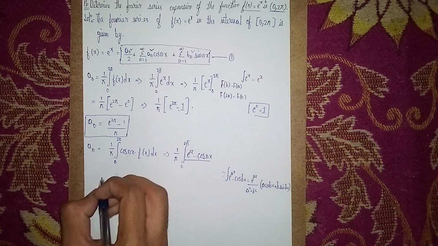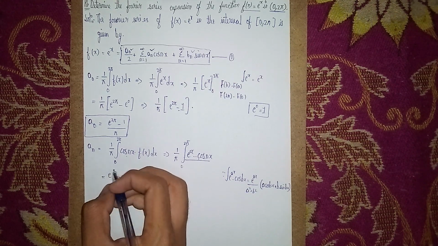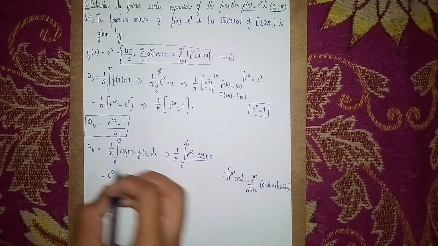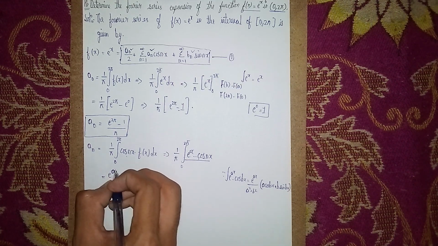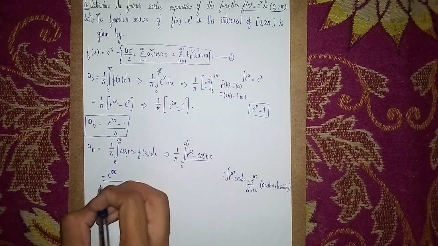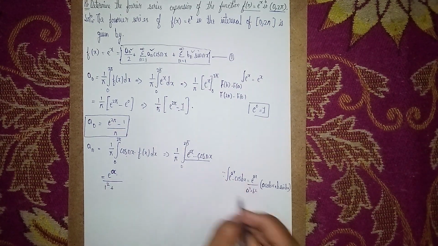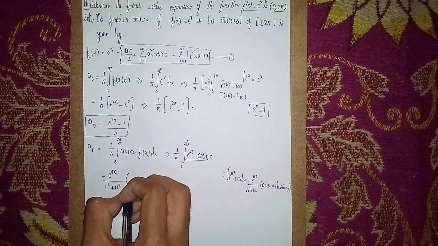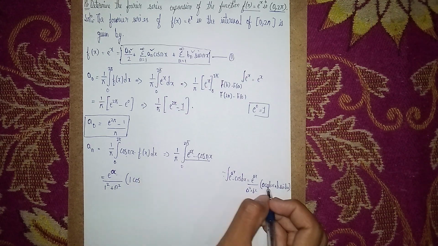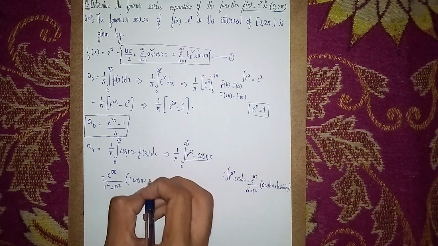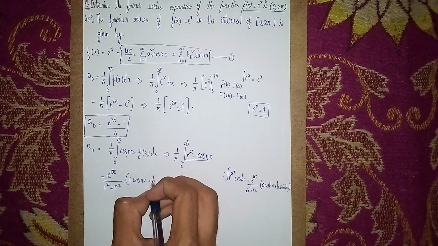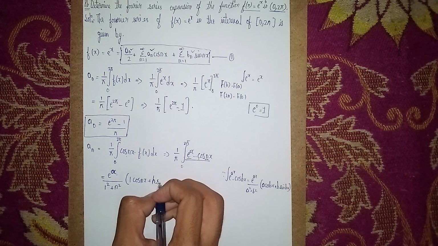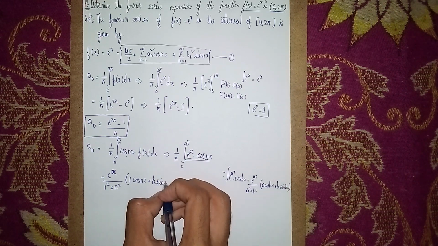Now substitute this formula: e power x by 1 square plus b, which is n, so n square, then a is 1, cos nx, plus b, which is n, sin nx.